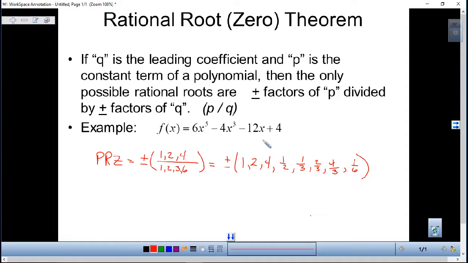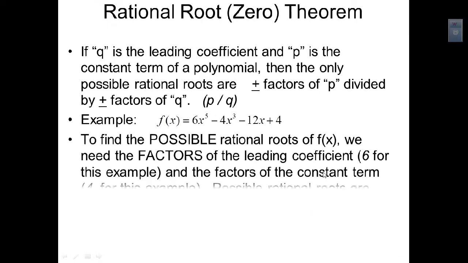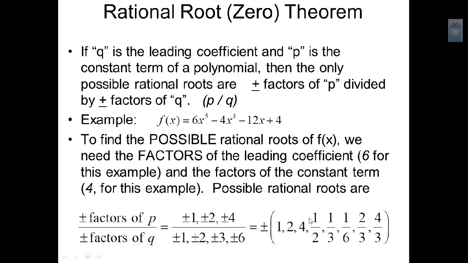Guaranteed, any rational roots that are part of this polynomial are in that list right there. To find the possible rational roots, we need the factors of the leading coefficient and the factors of the constant term, and the possible rational roots, as we just found, are all that list right there.